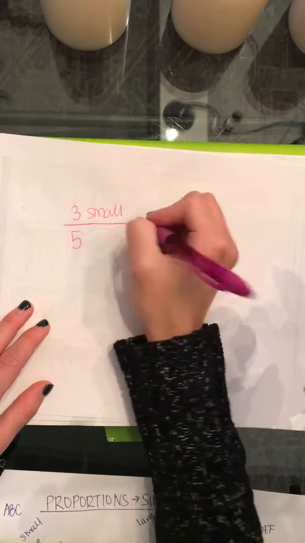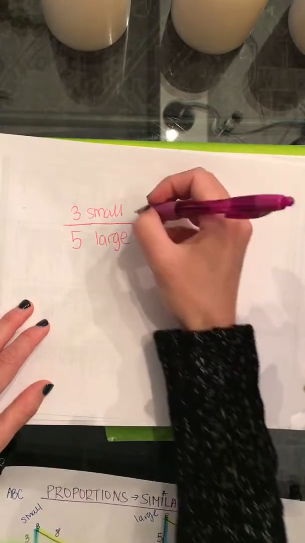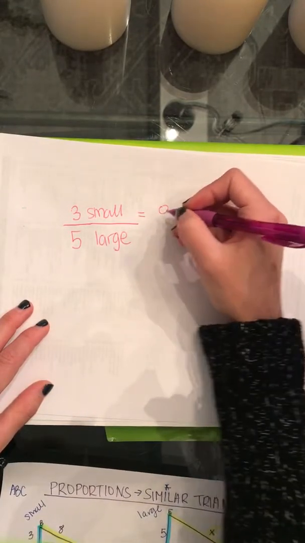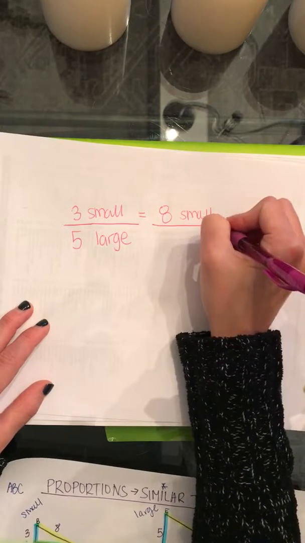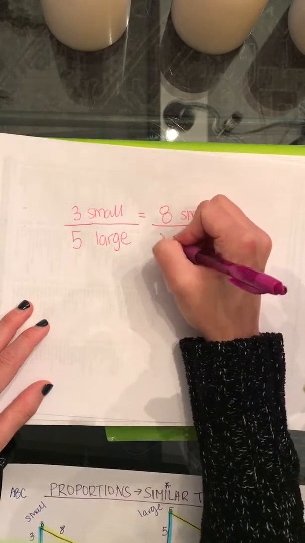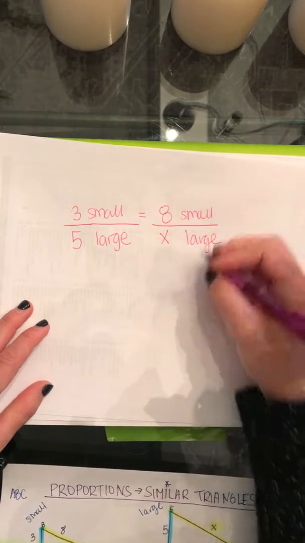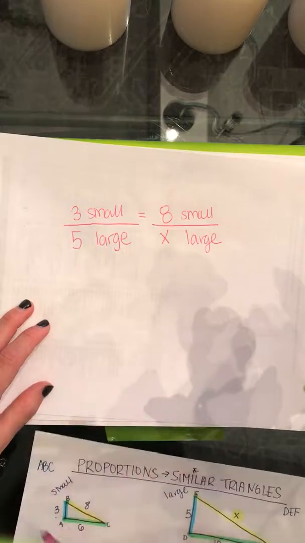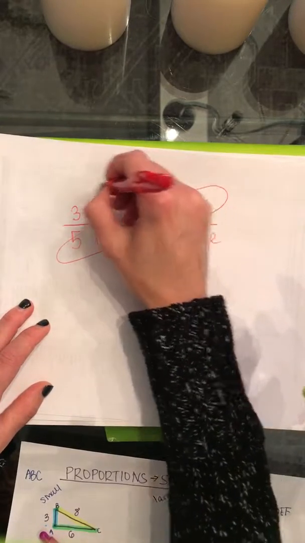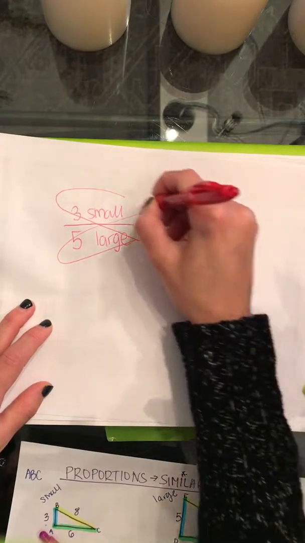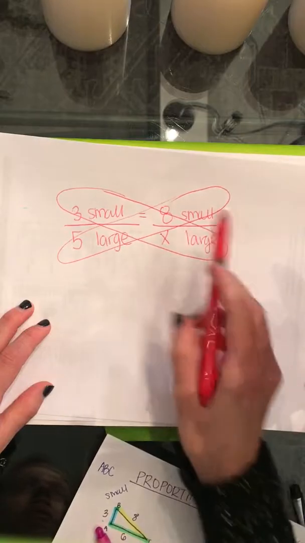So our side that's 3 on our small triangle corresponds to our side that's 5 on our large triangle. And that needs to equal 8 on our small over, well, x on our large. Remember cross multiplication? This should equal this.